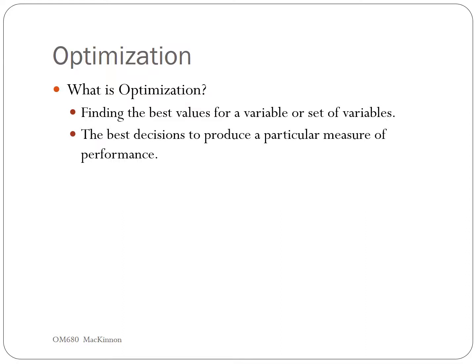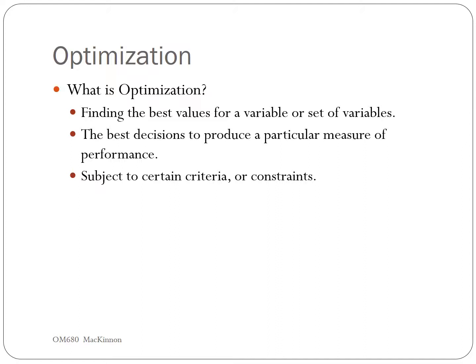Now, there's always a but, and that usually comes in the form of some kind of constraint. So, for example, if we want to minimize travel costs, we could do that by not ever traveling, right? But that's not realistic, okay? So suppose our constraints or our criteria are that we have to travel to points A, B, and C and minimize our travel costs. So the constraints are we must visit A, B, and C. And so we get into the decisions about the best routes or timing to visit those places and achieve our minimum travel costs.